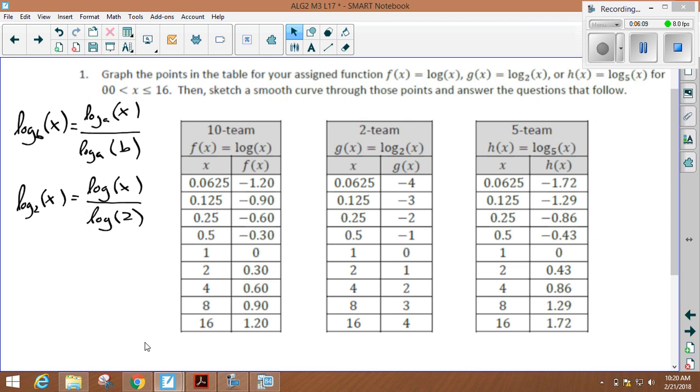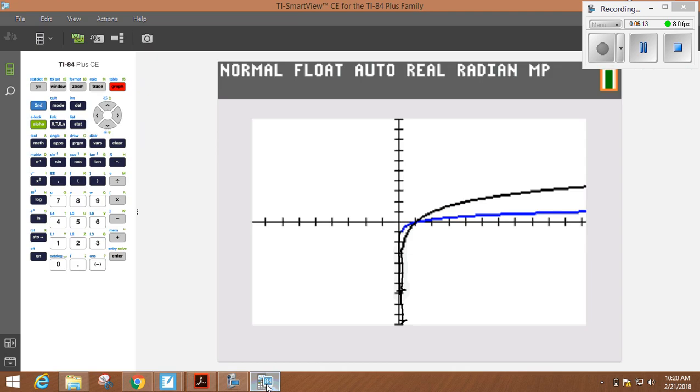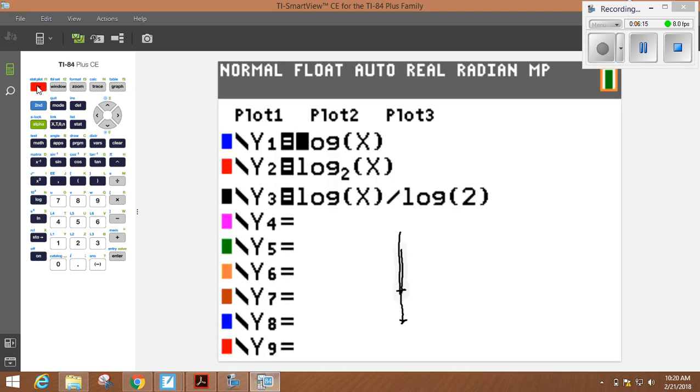We have one more to graph, and I'm going to actually use it as a change of base. Do you remember we had to do log base 5? I'm going to write that as log base 10 of x divided by log base 10 of 5, right?